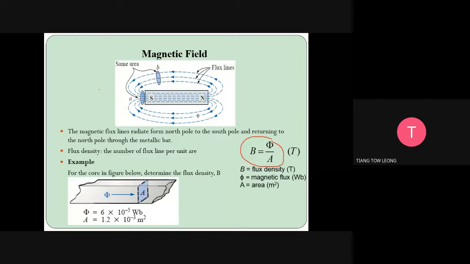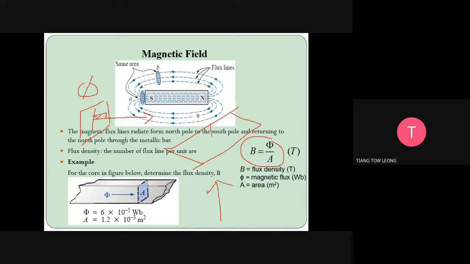Plus, remember, the flux is always taken as perpendicular to the plane, crossing this plane at 90 degrees. Let's say the plane is like this, okay? So the flux flows through like this. So we cannot directly use this value, saying that flux equals to BA.